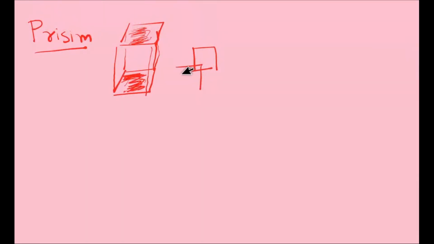Here we are talking about this type of the prism. Here you can see length, breadth and height are different, but here length, breadth and height are equal. This is also prism. I am talking about the prism only, means the base area and top area are similar.